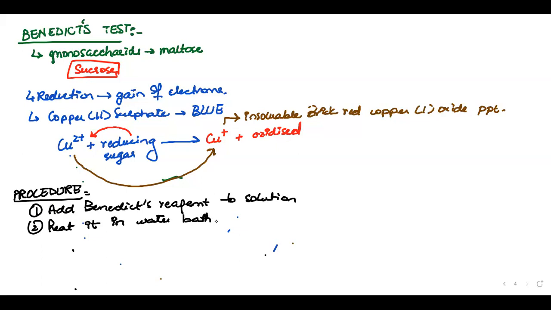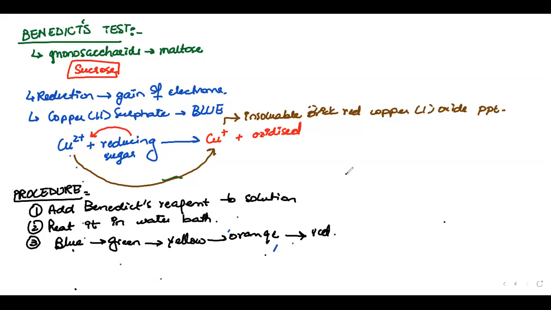If a reducing sugar is present, you're going to observe a color change. It goes from blue to green to yellow to orange to red.